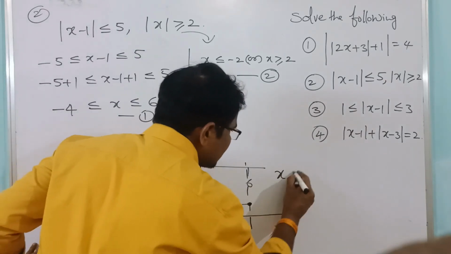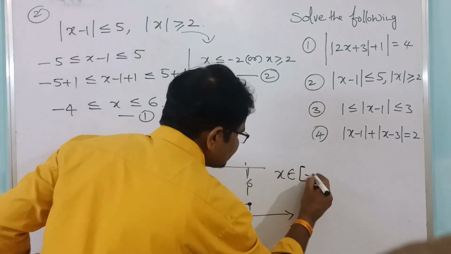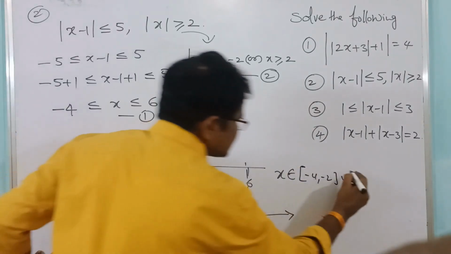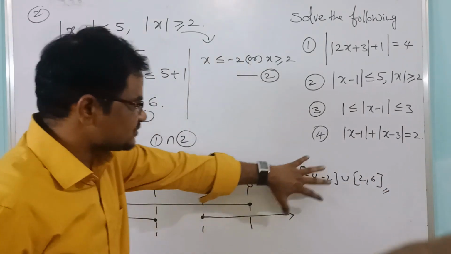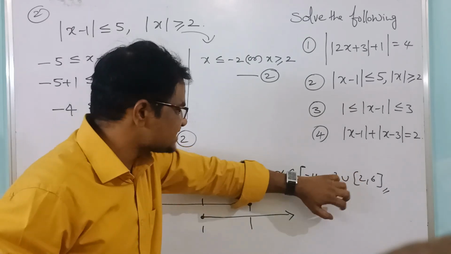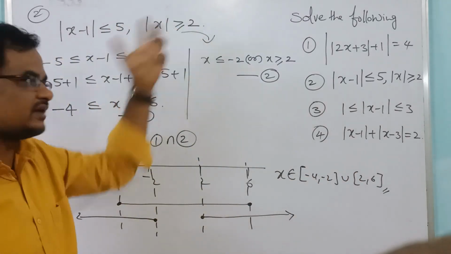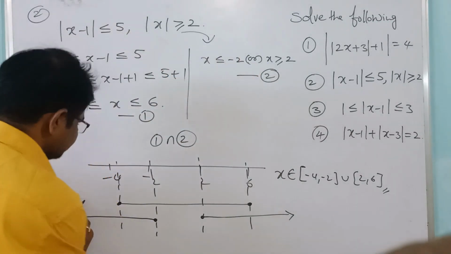Means x belongs to, from where to where? Closed interval, minus 4 to minus 2 union 2 to 6. This is our required solution. If you substitute any value in this one which satisfies, it satisfies these two simultaneously. Right. This is about the second problem.